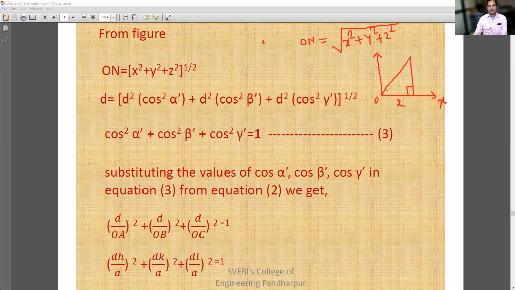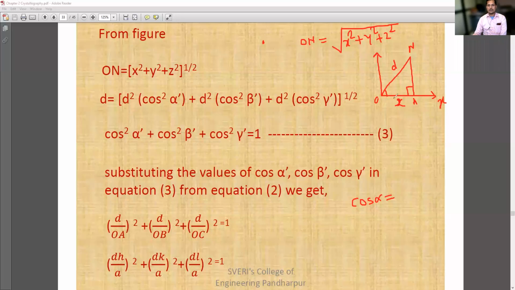Now if this is our alpha and this is ON, which is small d, this is x. So if we consider here, what is the value of cos alpha? Adjacent upon hypotenuse, here it is 90 degrees, so you consider this as OA.